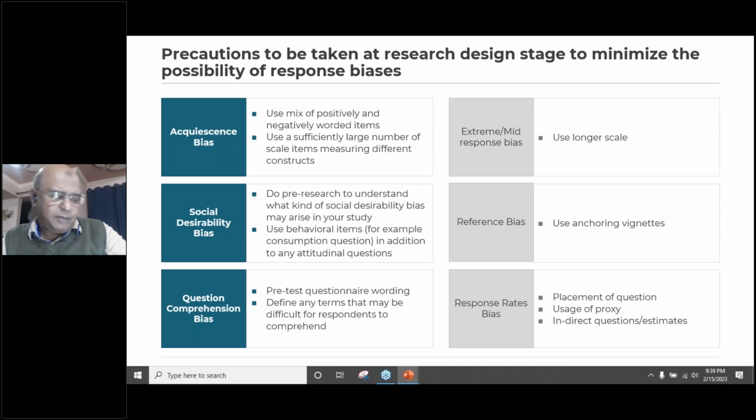For question comprehension bias, pre-testing the questionnaire, pilot surveys, and talking to experts is important, and this can influence surveys very, very severely. An example is a study in the United States amongst women around induced abortion.